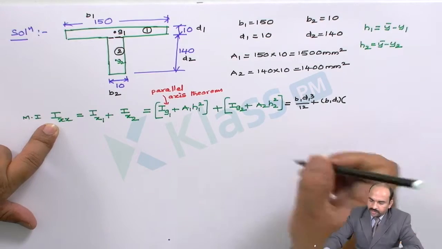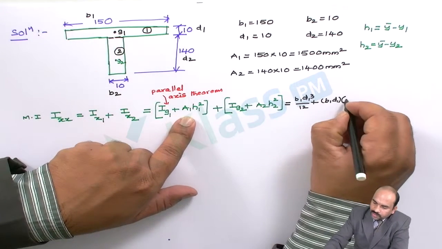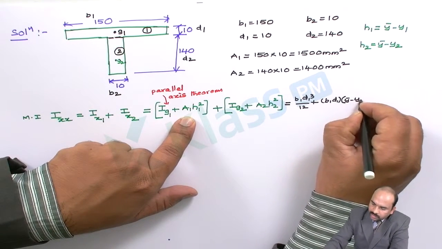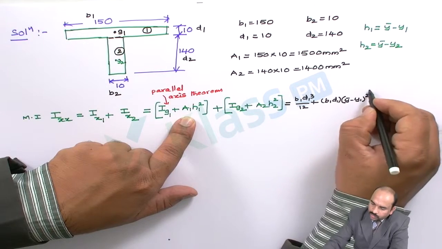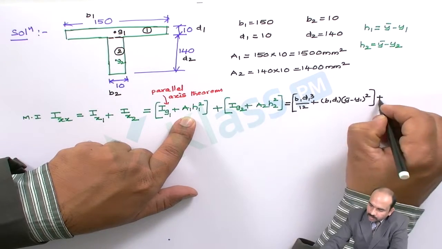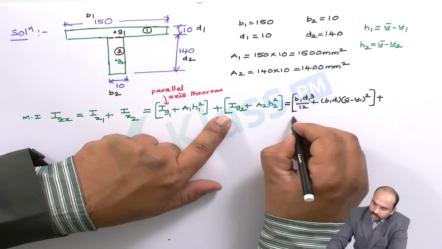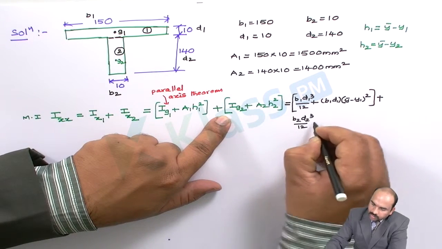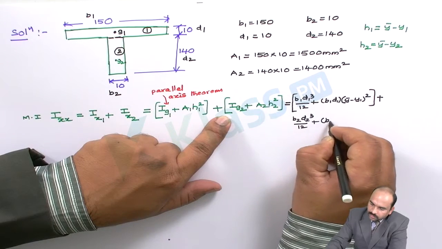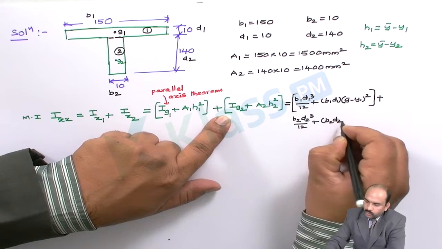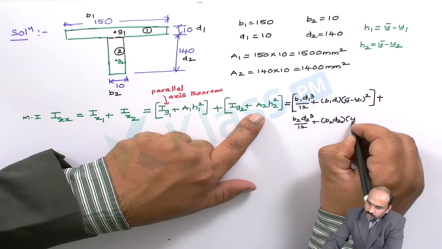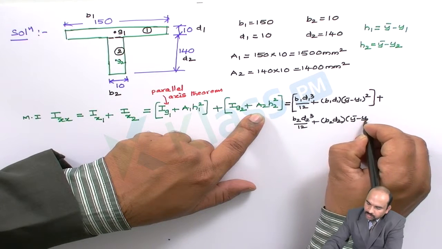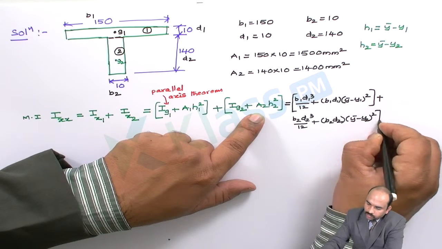So I'll write H1 as y bar minus y1 whole square, plus for the second one, B2 D2 cube by 12 plus B2 D2 into y bar minus y2 whole square.